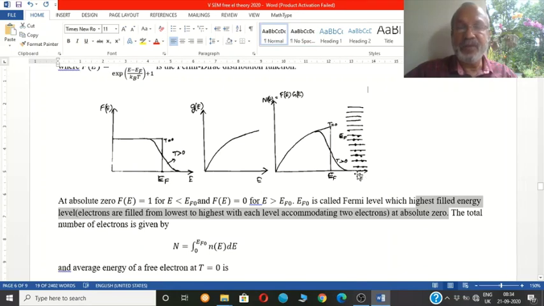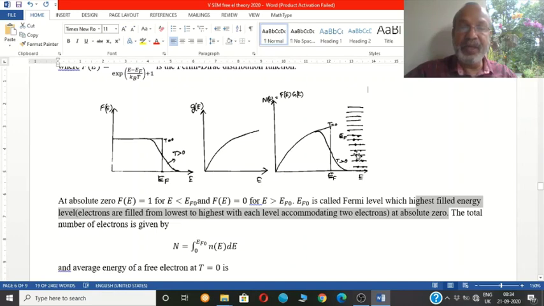Here I have shown the energy levels, and let us consider absolute 0. N(E) is the number of electrons per unit energy range, and we have a non-zero value for N(E). In the energy levels, electrons are filled up to a certain level EF. Every energy level is filled by 2 electrons, one spin up and the other spin down.